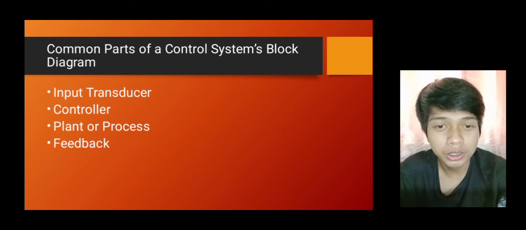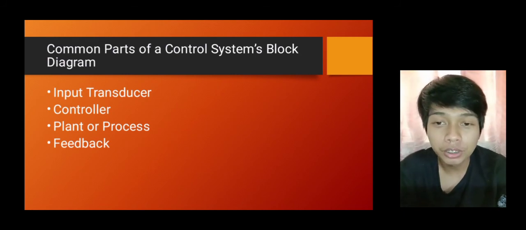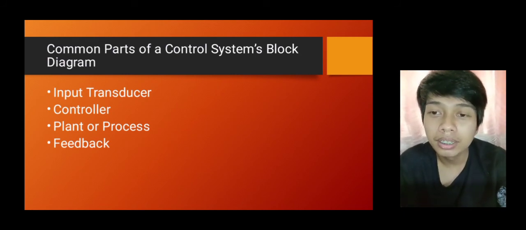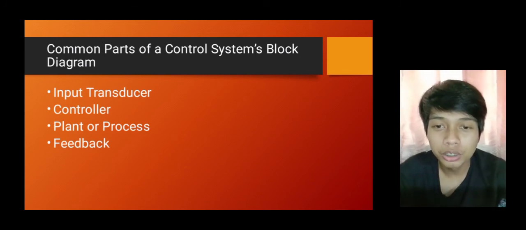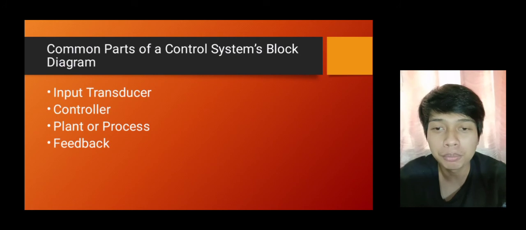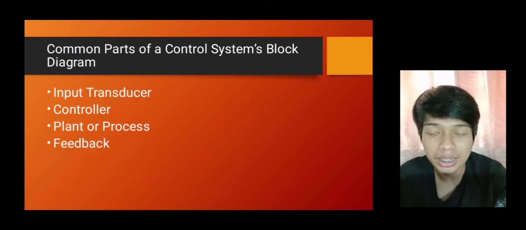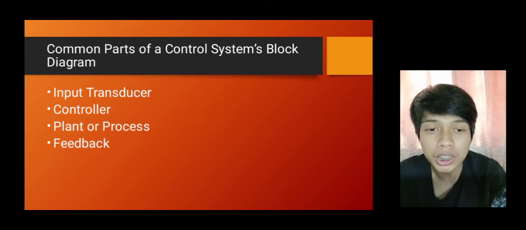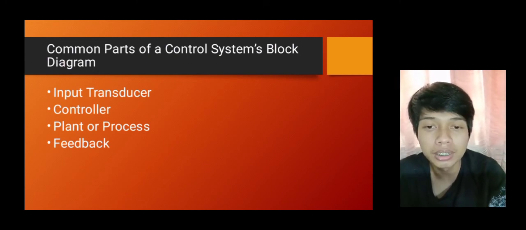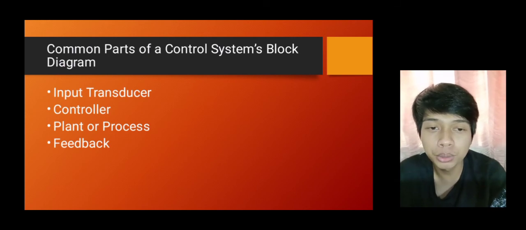Controller. The controller provides the desired control signal to the plant. The plant's operation is dependent on the controller. It is also responsible for computing the difference between the reference signal, the input signal, and the output signal, the feedback signal. The result of this computation will be used to adjust the process to maintain its output signal.